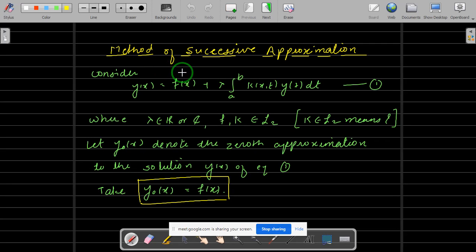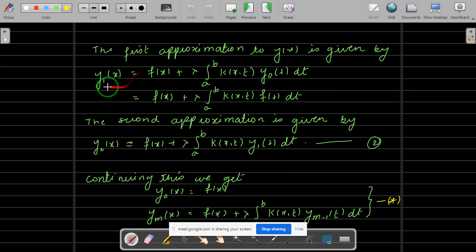So this is what we have seen yesterday, the method of successive approximations, wherein we take a zeroth approximation y0 of x. In this case, we have taken that zeroth approximation to be your function f(x). Then your first approximation depends on your zeroth approximation, your second approximation depends on your first approximation, and likewise your mth approximation ym depends on the (m minus 1)th approximation.